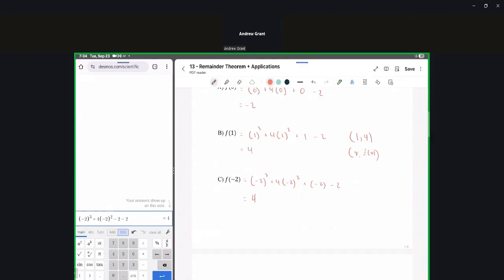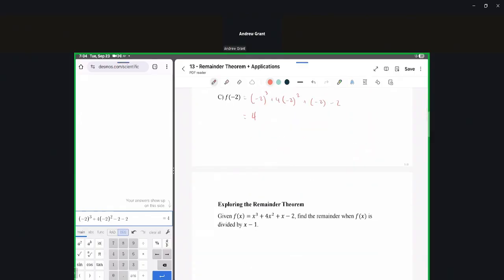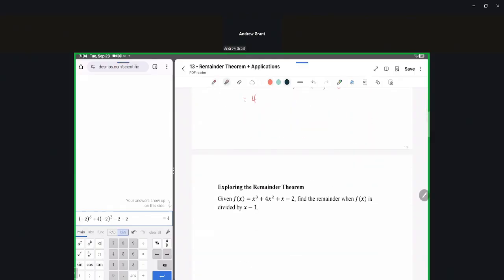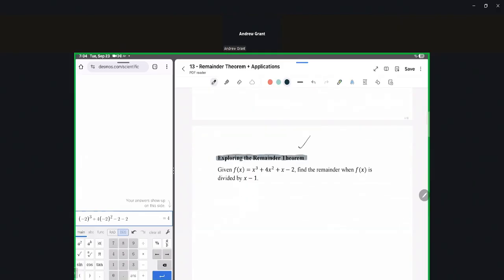Okay, and so we're going to explore the remainder theorem, and the best way to explore this is actually through the lens of division. And we want to motivate the reason why we want to bother with remainder theorem to begin with. Given a function, say f of x is equal to x to the power of 3 plus 4x to the power of 2 plus x minus 2, we're going to find the remainder when our function is divided by x minus 1.